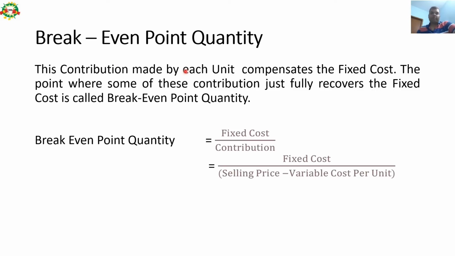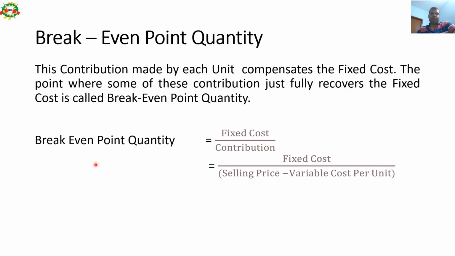For break-even point quantity, the contribution made by each unit compensates the fixed cost. Whatever extra money the company gets by selling each unit over and above its variable cost is called contribution, and this contribution covers the fixed cost. The point where the sum of these contributions just fully recovers the fixed cost is called the break-even point quantity.